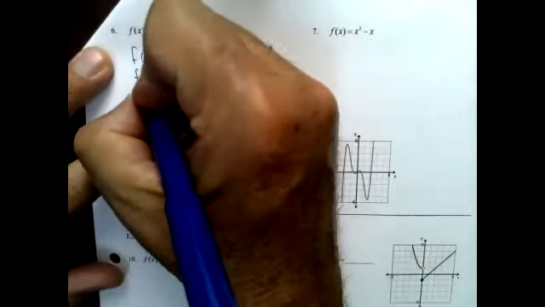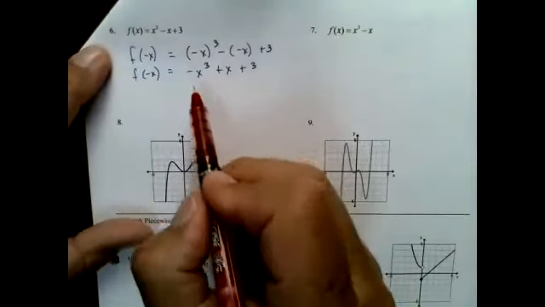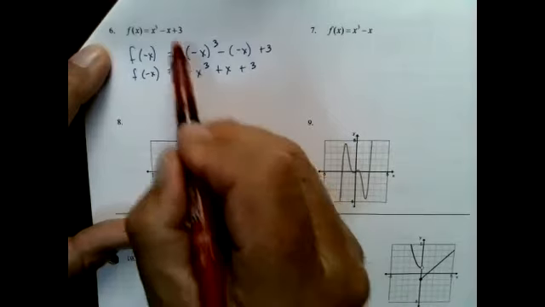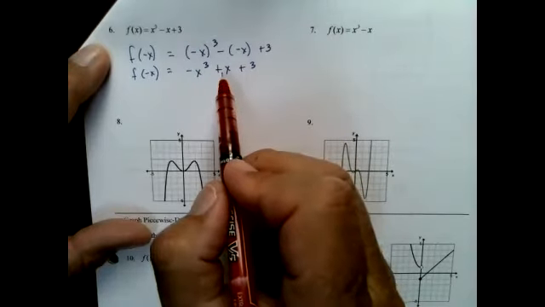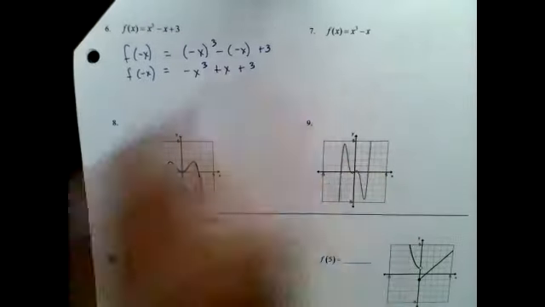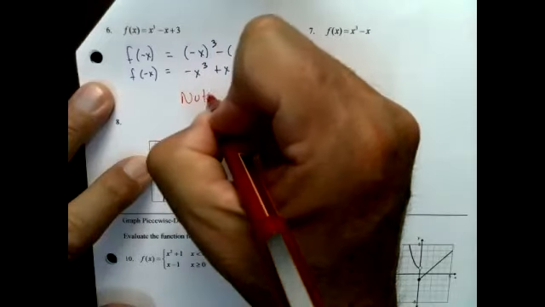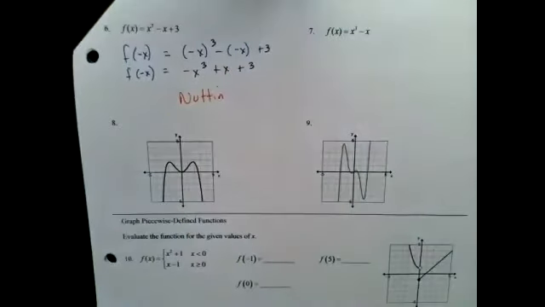So my f of negative x, I'm looking. This is opposite. Great. This is opposite. Great. This is not opposite. So it's not odd. It's not even. It's neither. There's no symmetry to that problem.